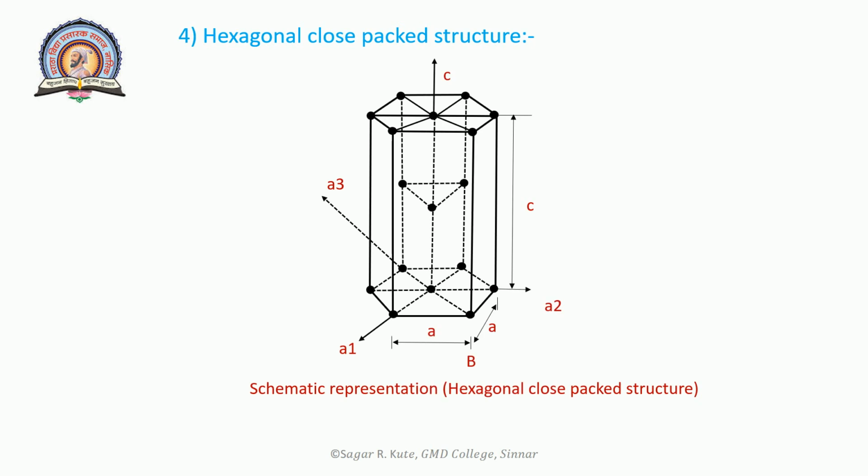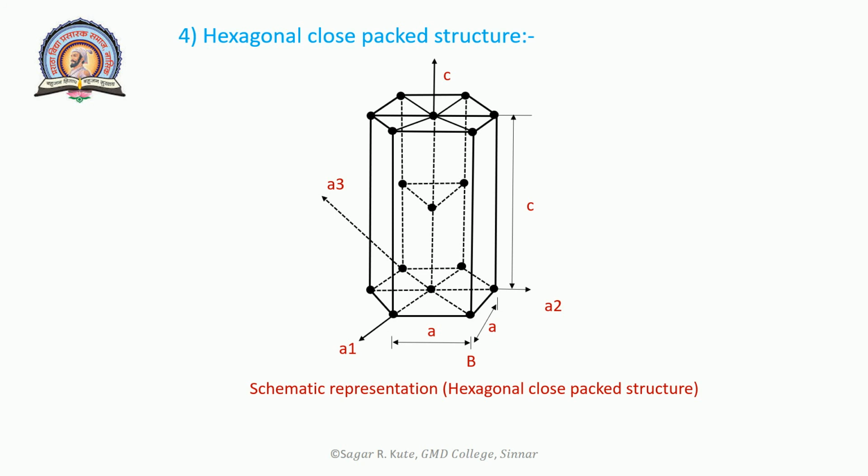Now, the last topic is the hexagonal close packed structure. This will be the schematic representation of the hexagonal close packed structure. This crystal structure shows one atom at each corner of the hexagon. The total corner atoms are 12.